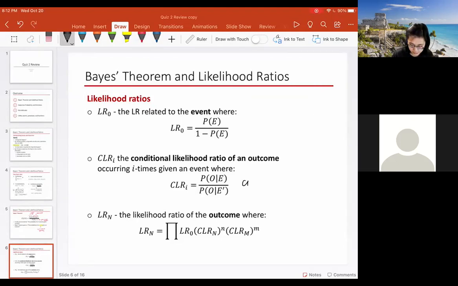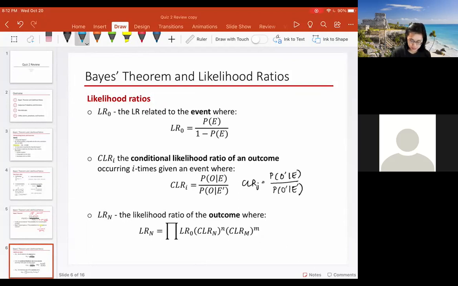There's also the CLR for not the outcome: the probability of not that outcome given an event, and the probability of not that outcome given not the event. If this doesn't make sense now, it'll make sense in a little bit, don't worry.